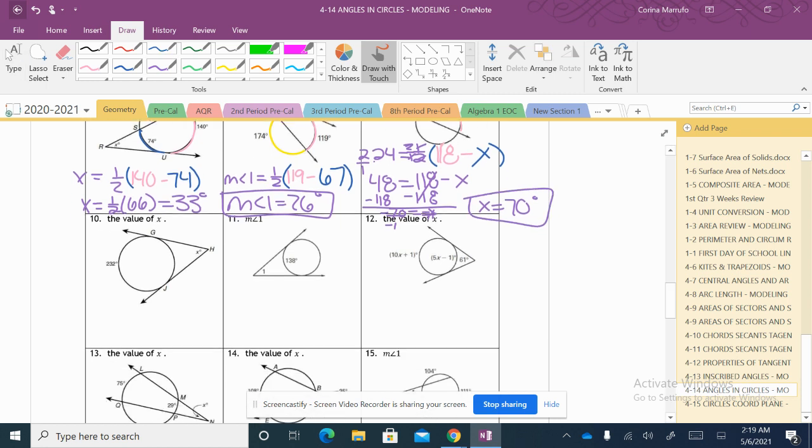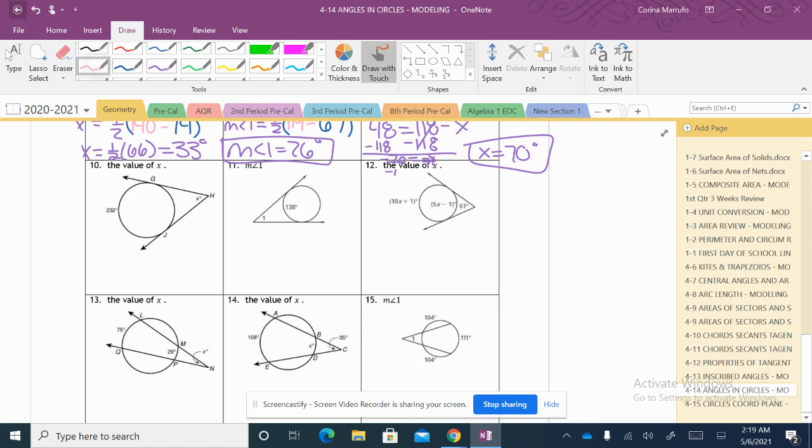Alright, the next one. Again, to find the exterior angle x, we're going to take 1/2 and subtract the arcs. We take the bigger part, which is 232, and we subtract the smaller part. Now the smaller part, we don't know what it is, so we're going to use 360 as a full circle, and we subtract the 232.